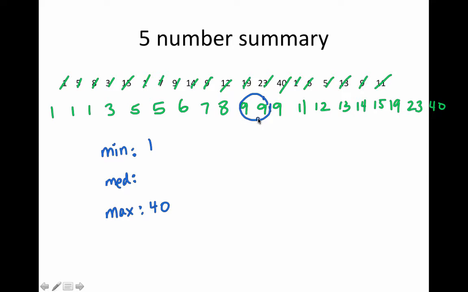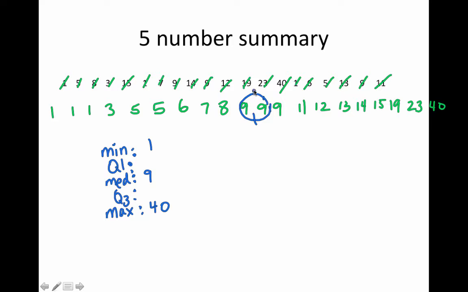Okay, so the median of this data set is in between 9 and 9. Well, the mean of 9 and 9 is 9, so that's easy. The median is 9. Now to find quartile 1 and quartile 3, let's do quartile 1 first. To find quartile 1, you would find the median of the data to the left of the median.